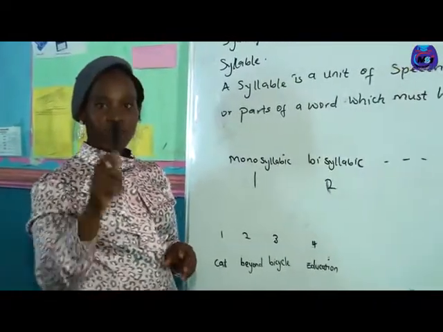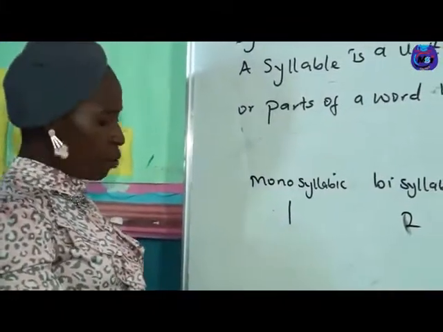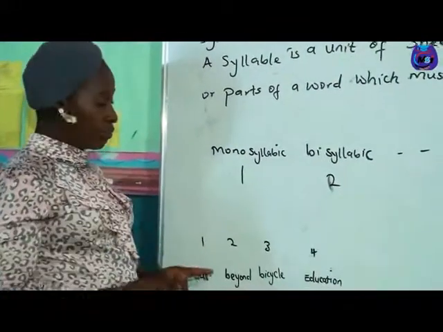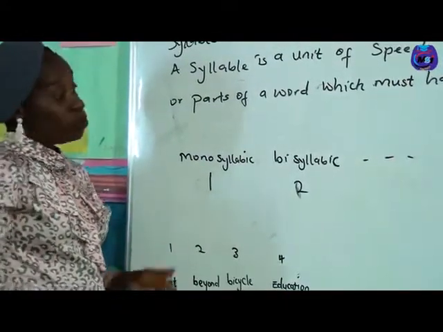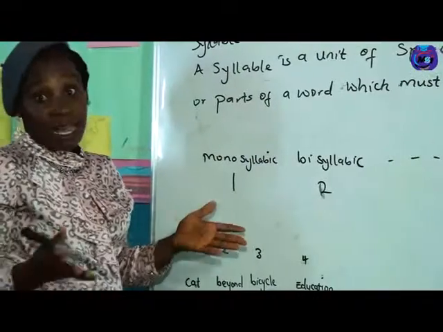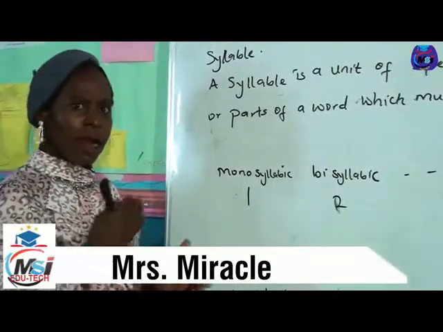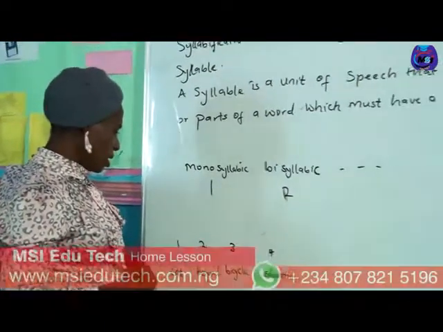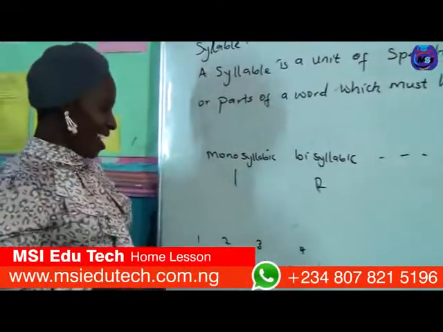You can also task yourselves at home. Give enough further examples for one syllable words, two syllable words, three syllabic words, and 4 syllabic. You could also try 5, 6, 7, and 8. Go through your dictionary, look up some words there, and count how many syllables are contained in those words. And believe me, I'll see you in the next class.